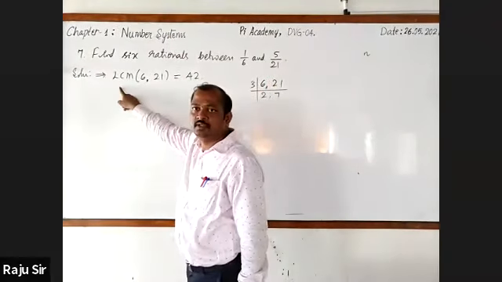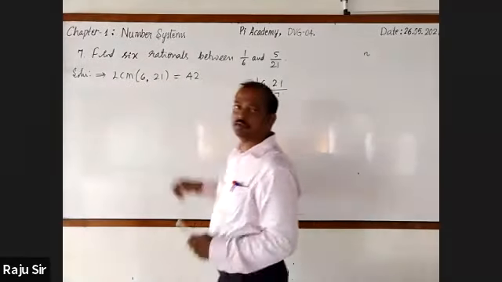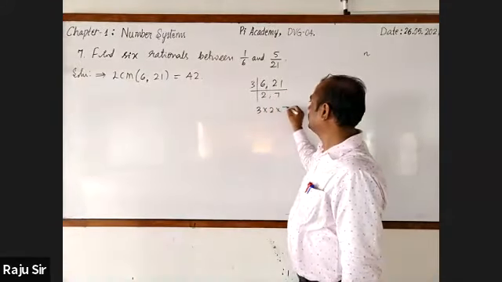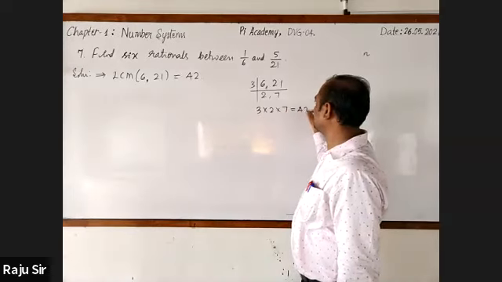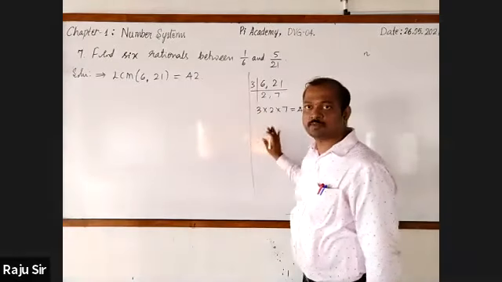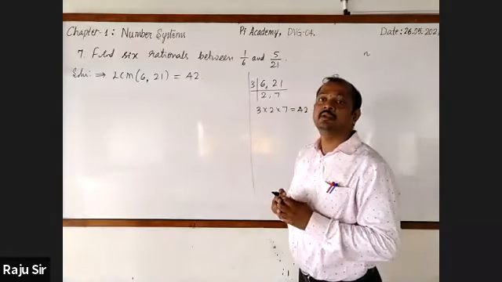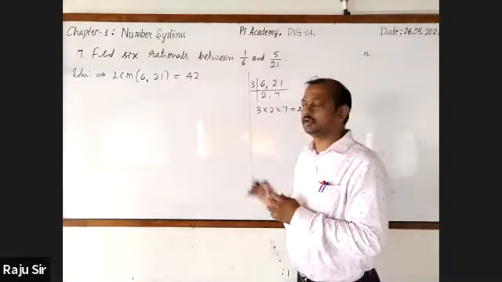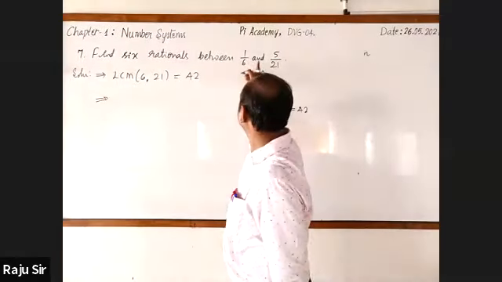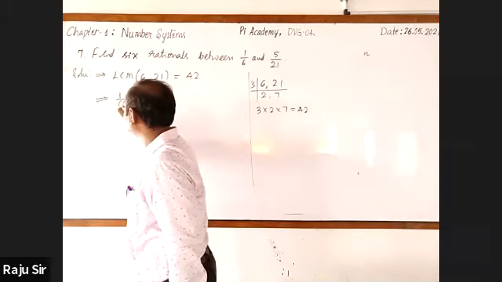LCM of 6 and 21 is 42. If you want, you can use this working column. If you do not want, no need to write. Next, write 1 by 6.